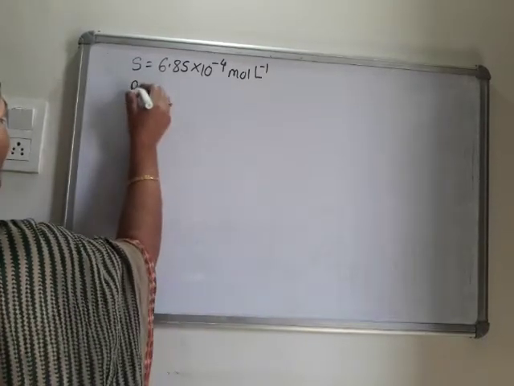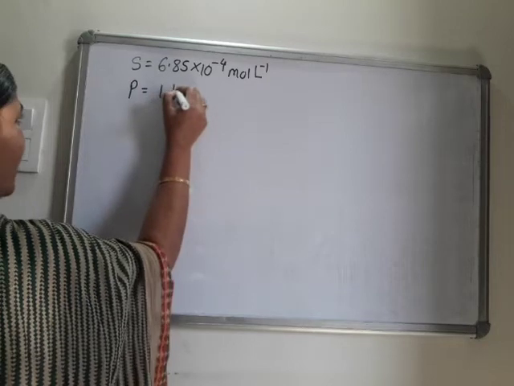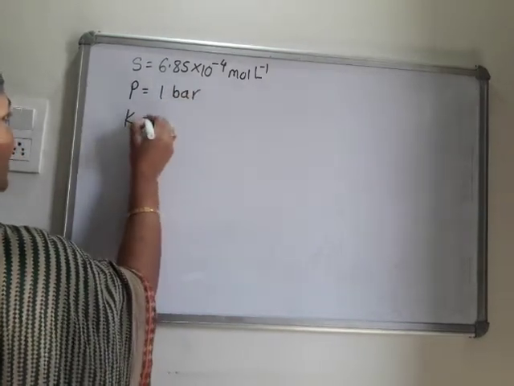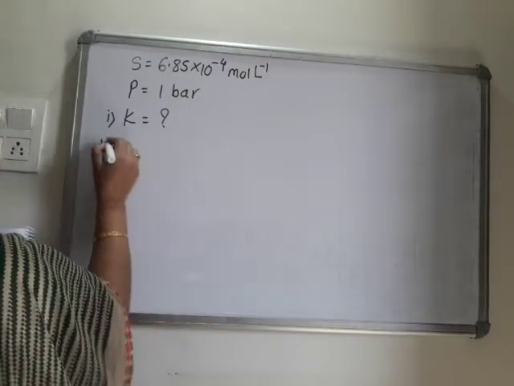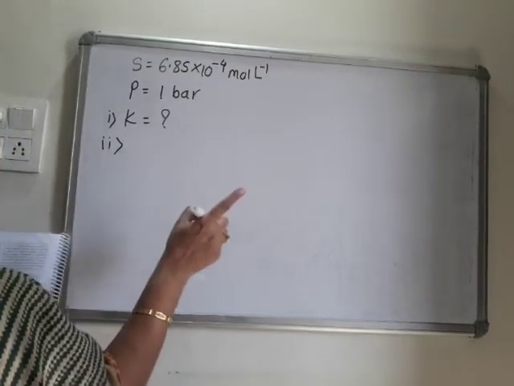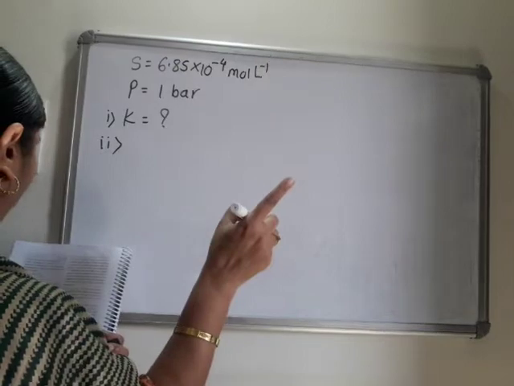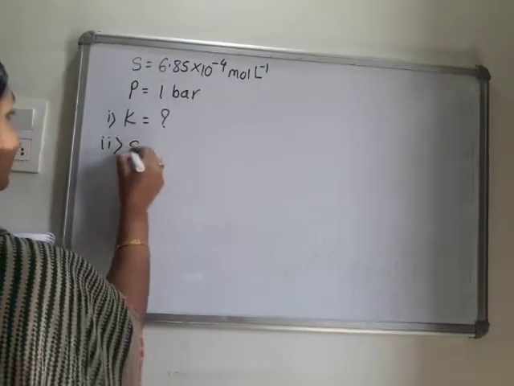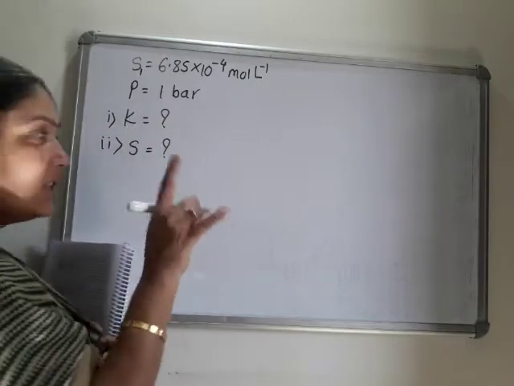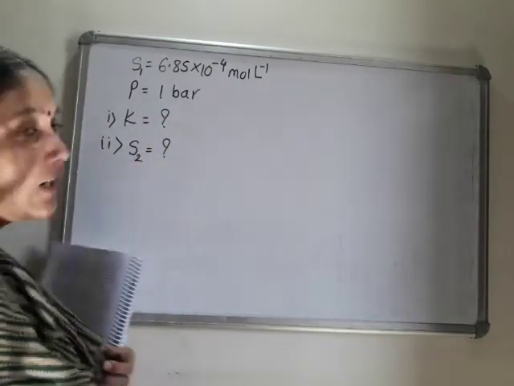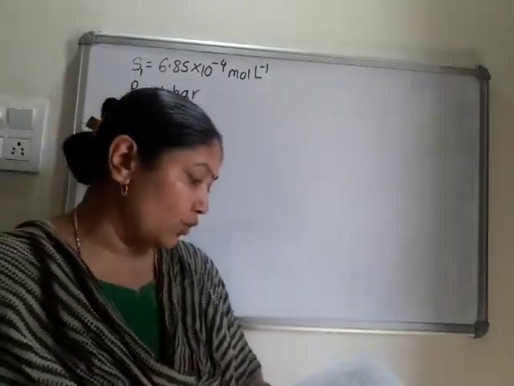And what is the pressure given at that time? It is 1 bar. And the question is to find Henry's law constant. And the second question is the molarity of N2 gas, which means we have to find solubility. This is the first solubility, so we will call it S1. This is the second solubility, so call it S2.